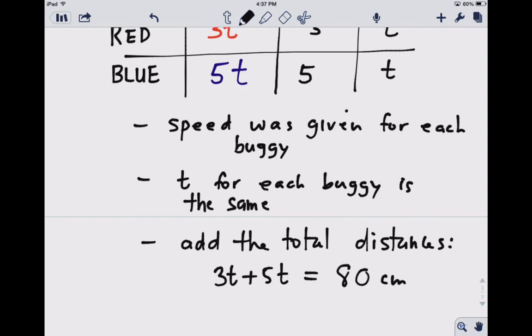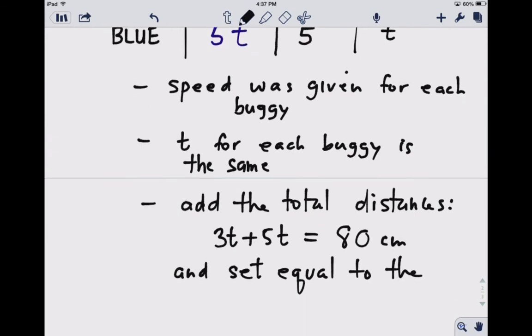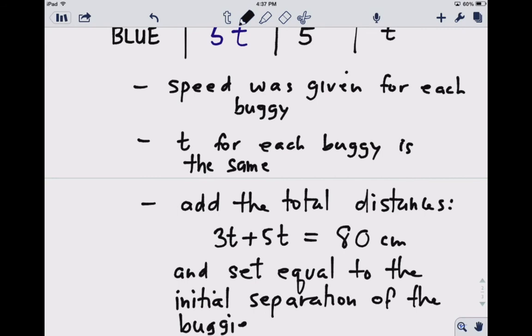So add the total distances and set equal to the initial separation of the buggies. This is an equation we can solve. 3t plus 5t equals 80 works really well for us.